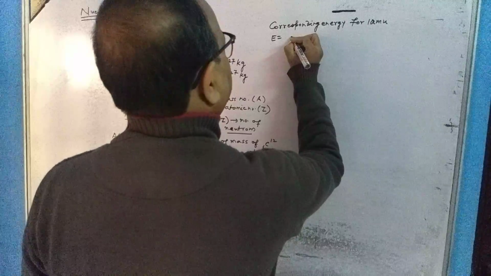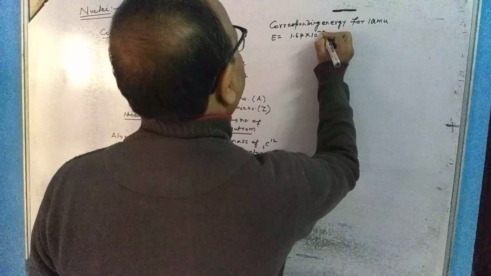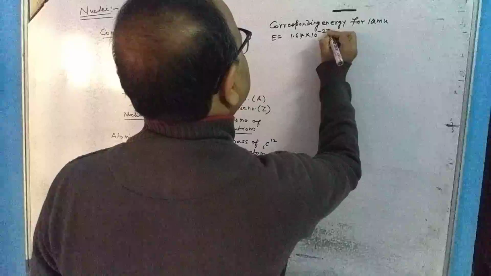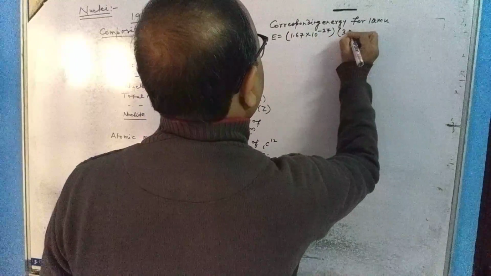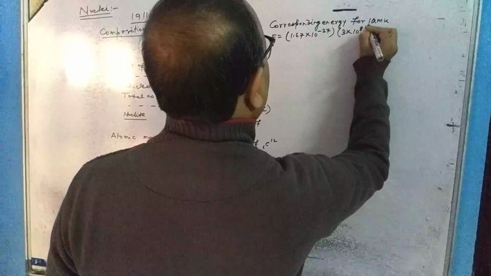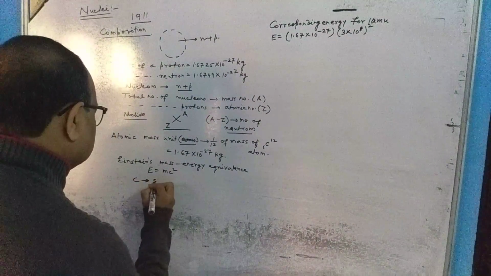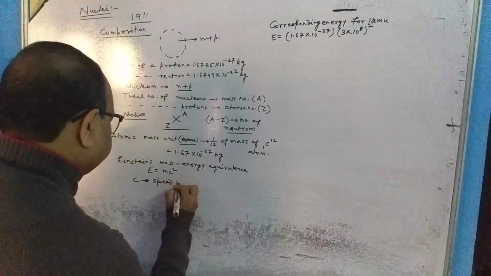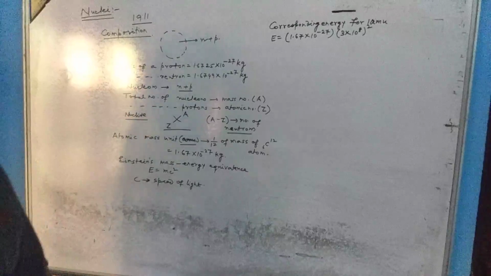In place of m, I will write 1.67 into 10 to the power minus 27. In place of c square, I will write 3 into 10 to the power 8 whole square, because c is the speed of light.